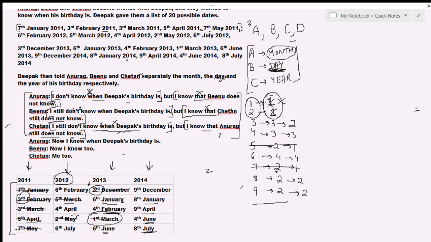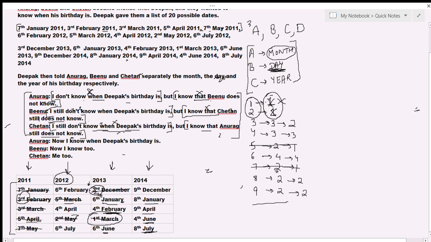But what if we go to 2014? If Chetan gets 2014, he might think that Anurag might have got December as the month. If there is a possibility that Anurag got December, then he would be knowing the exact date. Now if he knows the exact date, then how is he very sure? Which means he said, "I know that Anurag still doesn't know."